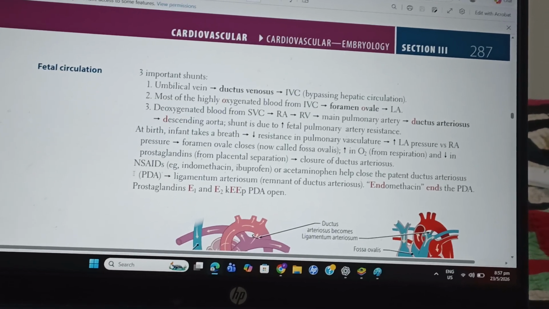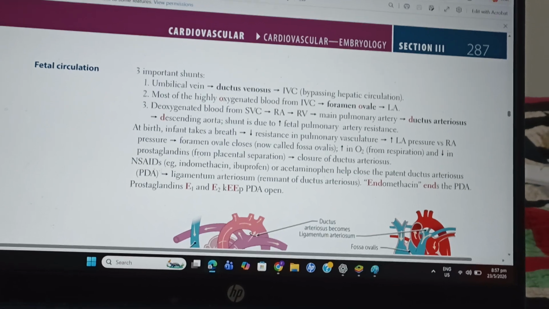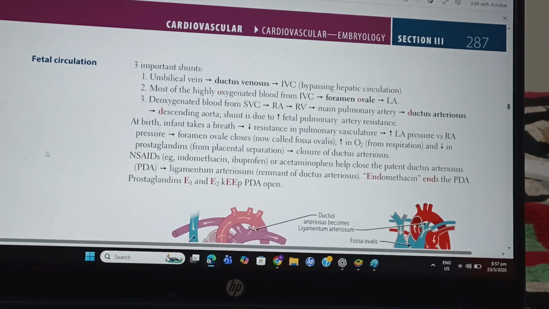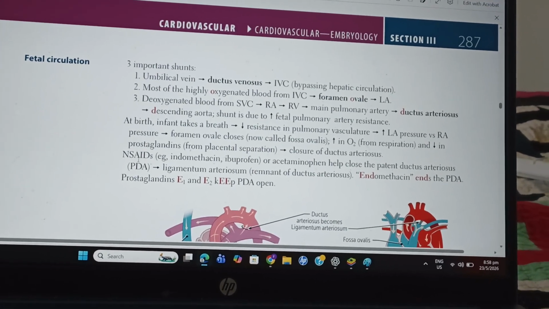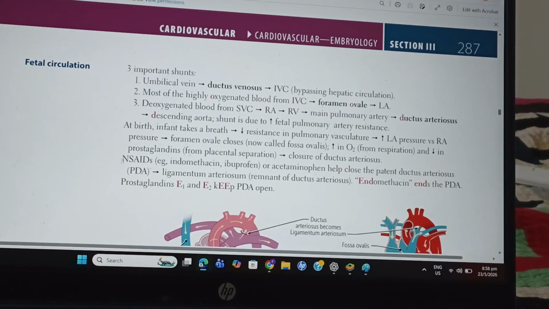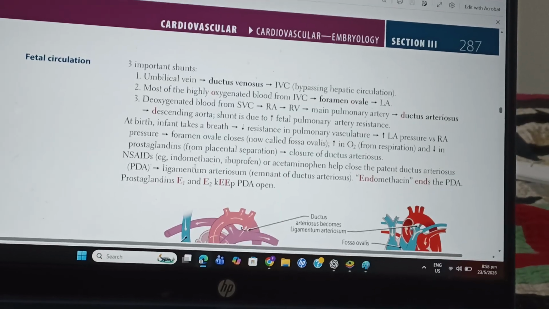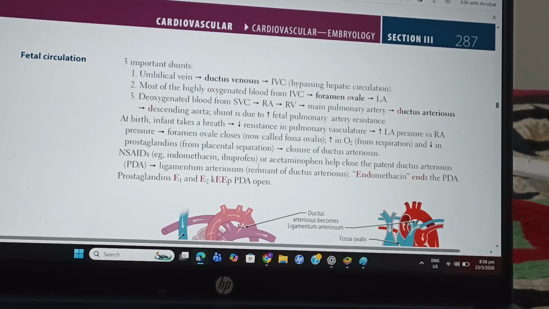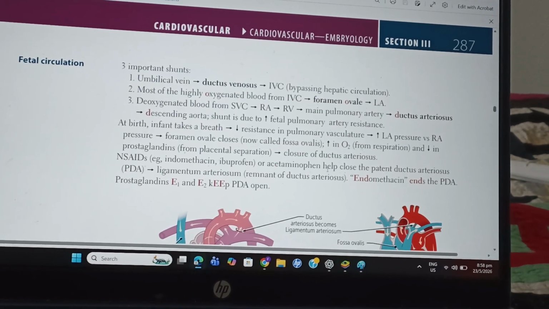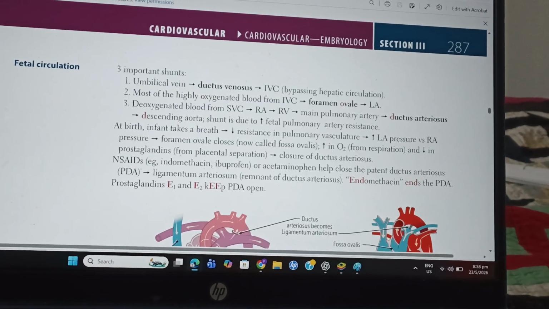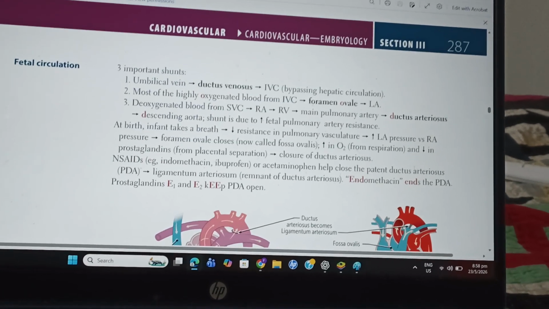Do you know this acronym? The full form means non-steroidal anti-inflammatory drugs. Examples: indomethacin, ibuprofen, or acetaminophen. They help the patent ductus arteriosus to close.